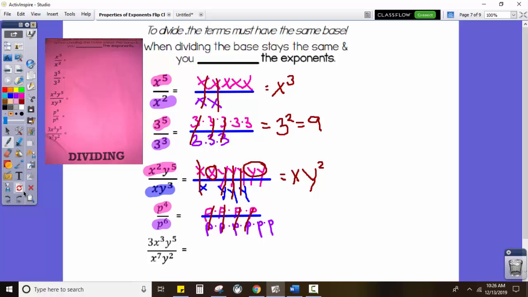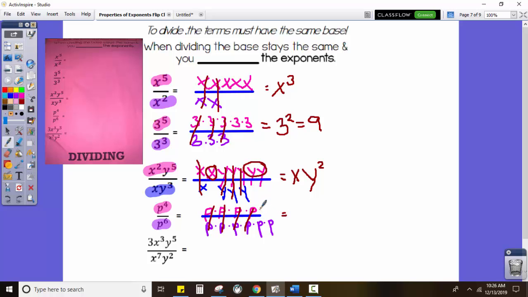However, this time I was left with, let me back up one second here. This time I was left with p to the 2nd in the denominator. So you have to pay attention. There's nothing actually left in the numerator, where before, in all of the other examples we've done, everything was left in the numerator. And really in the denominator, I could have put a 1 in all my denominators, but I don't need to write over 1 for all of my expressions.